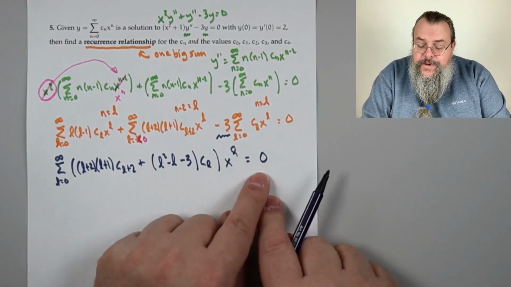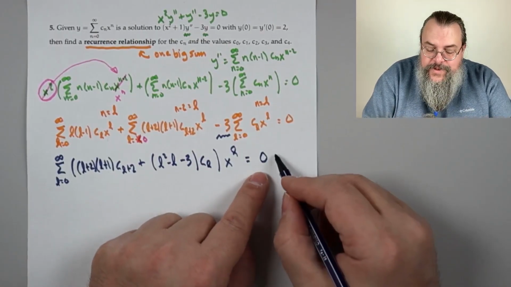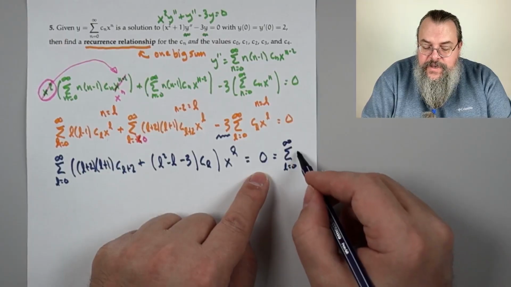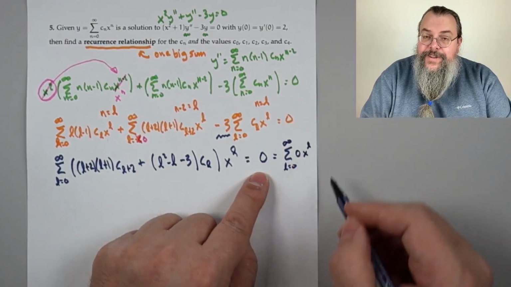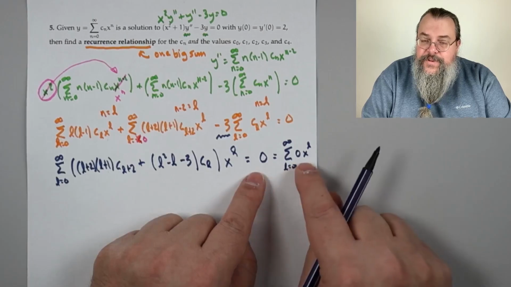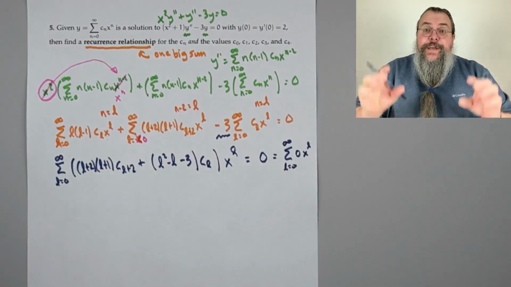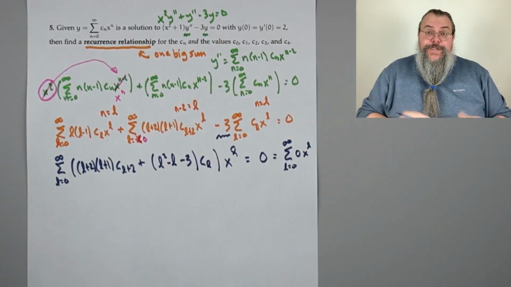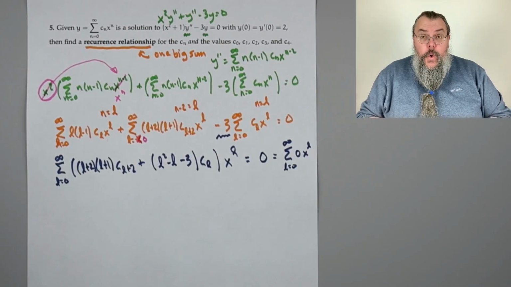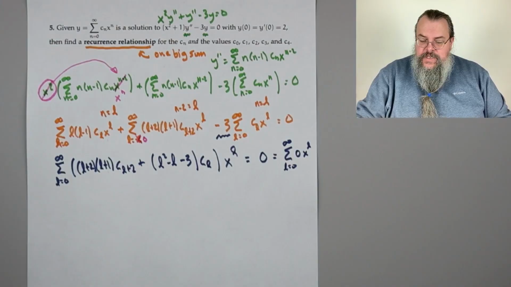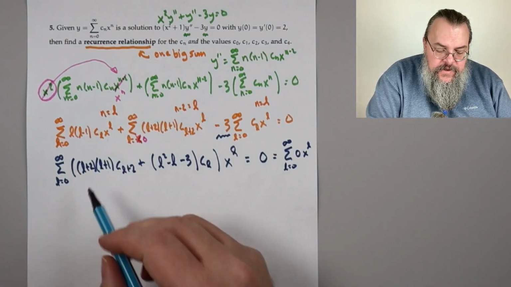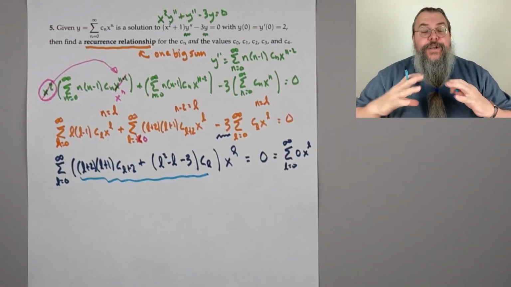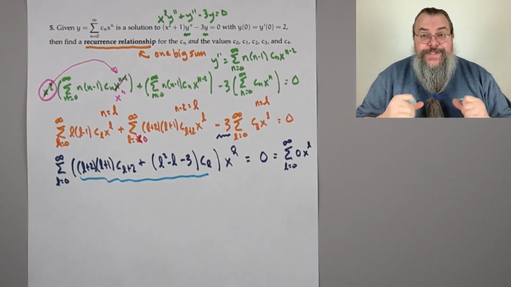Well, on a side note, what does that 0 really mean? This is the sum of L equals 0 to infinity of 0, x to the L. It basically says when you have the 0 polynomial, all your coefficients are 0. And two polynomials agree if and only if all their coefficients agree. So that tells us that all these coefficients of x to the power L, and that's why, by the way, we put all this work in, was to put all the coefficients together.